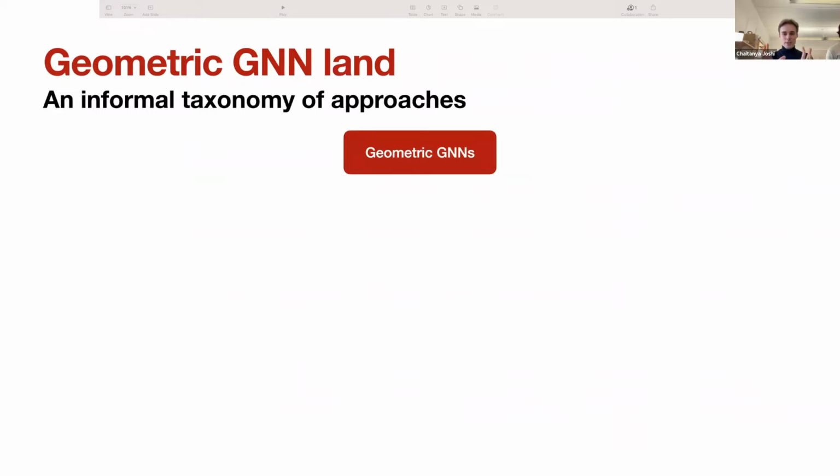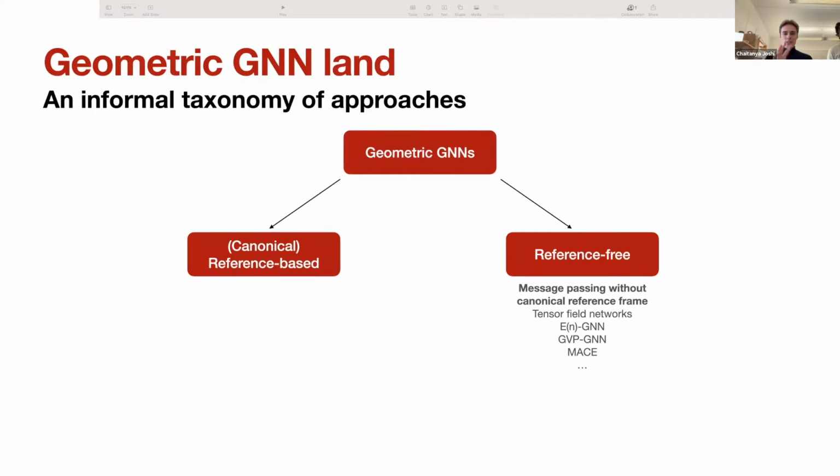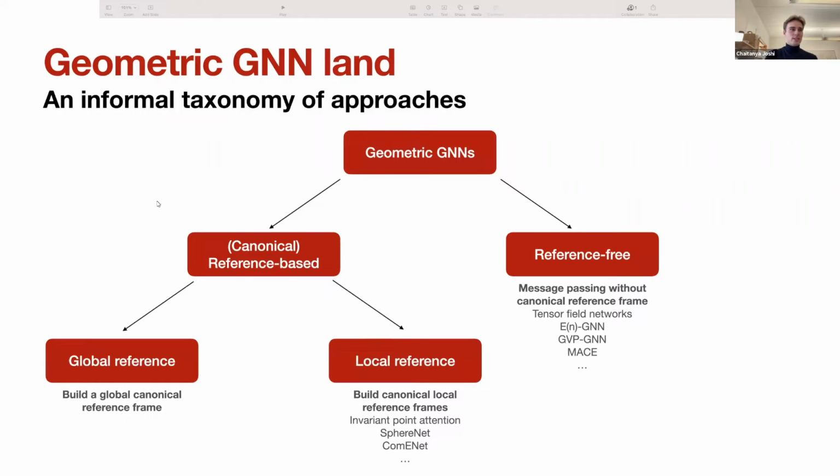And to give you an idea of the types of geometric GNNs we're going to talk about in this talk, I thought I'd quickly draw up an informal taxonomy. So we distinguish between what we call canonical reference-based geometric graph neural networks and reference-free graph neural networks. Canonical reference-based graph neural networks are essentially just graph neural networks which predict some sort of canonical reference frame. They could either use it, for example, to predict a global reference frame based on the full structure, or local reference frames based on each neighborhood, essentially predicting X, Y, Z axes, for example, in three-dimensional space, and then use these to guide their message passing.